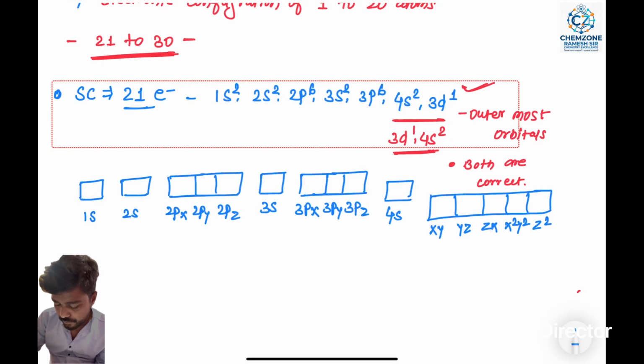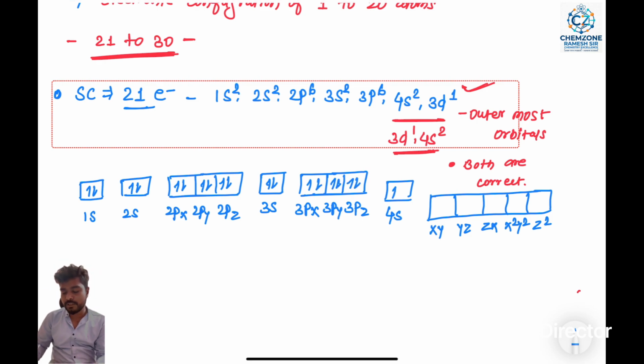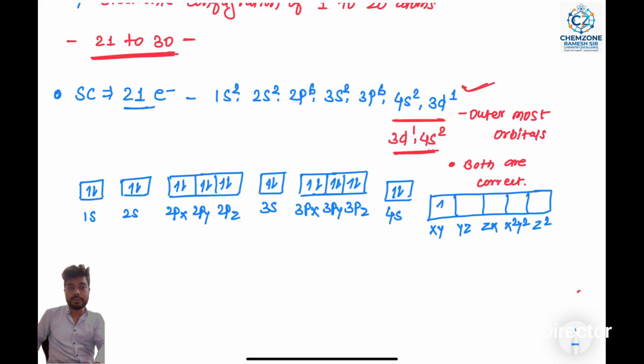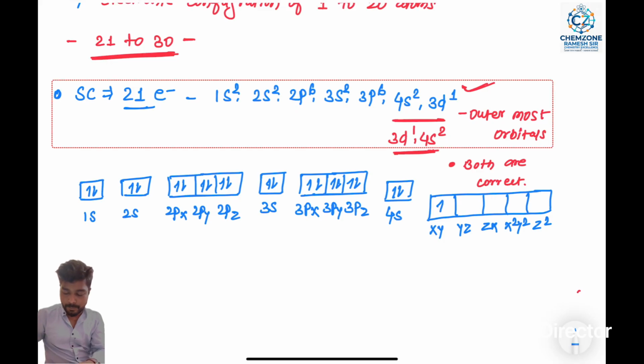So how to fill the electrons? 1 2 3 4 5 6 7 8 9 10 11 12 13 14 15 16 17 18 19 20.